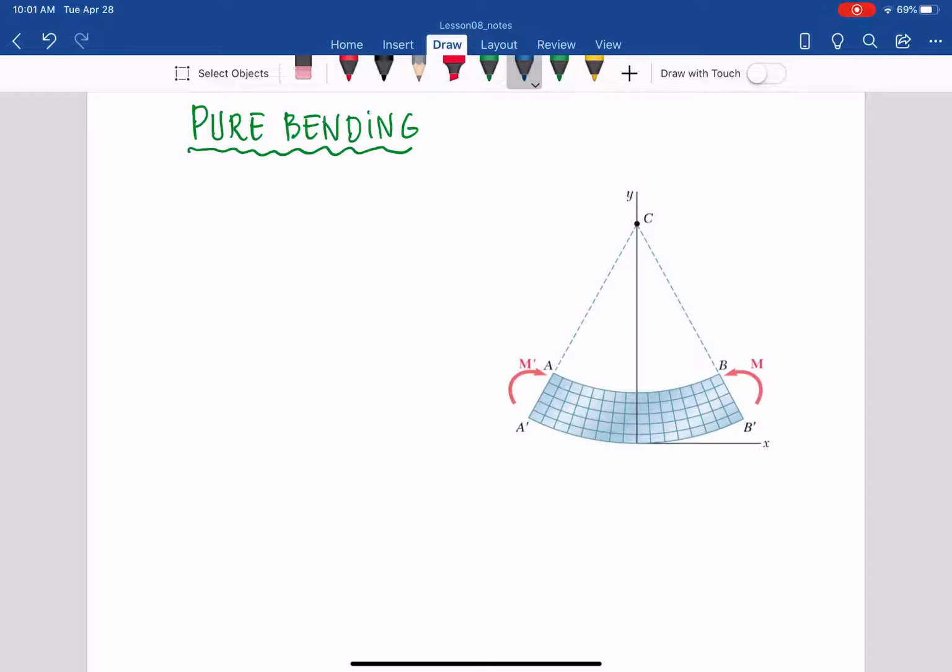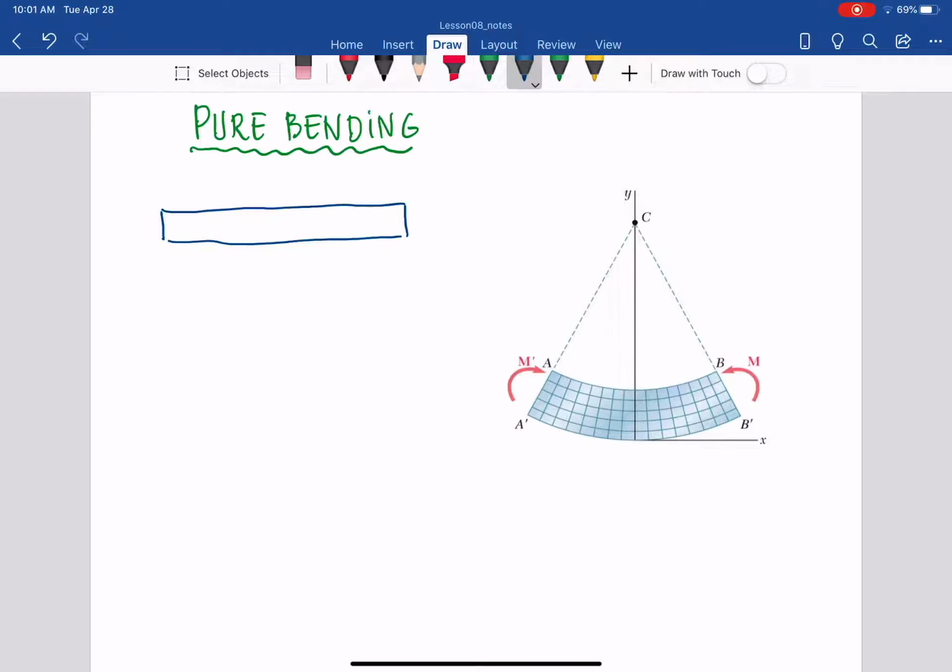If we have a member there, and the longitudinal axis, or we can say the neutral axis, goes through the member here, the neutral axis.